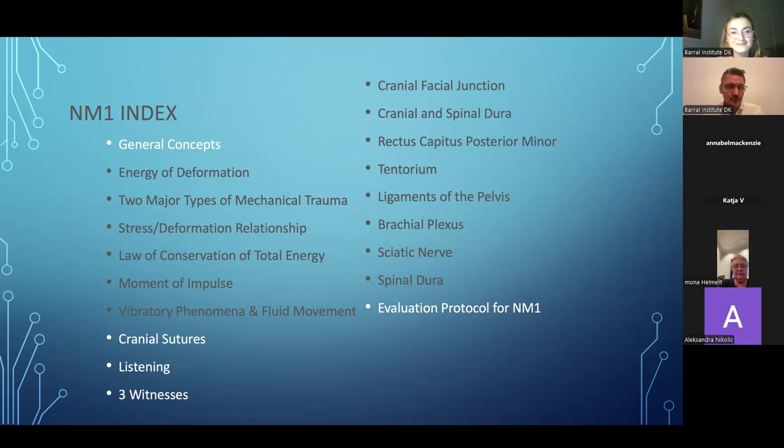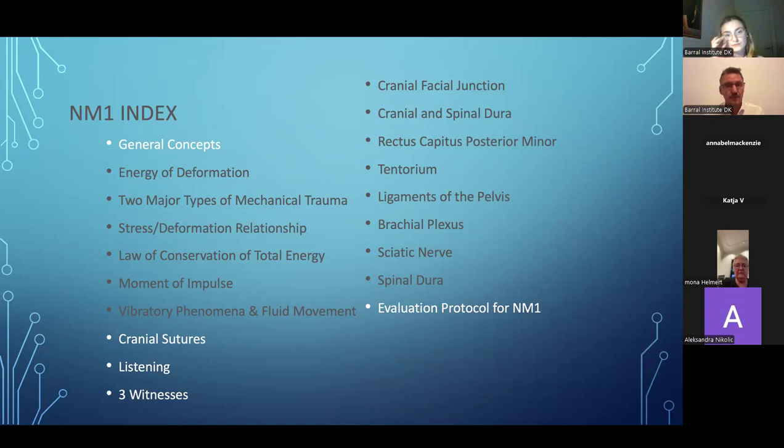But you can see also, apart from the theory, we have something about the cranium itself, something in the craniofacial junction, so into the front, and something into the backside in the cranium, the spinal dura, down towards the connection of the neck to the dura and the tentorium inside the cranium, and further down through the spinal canal down to the pelvis.